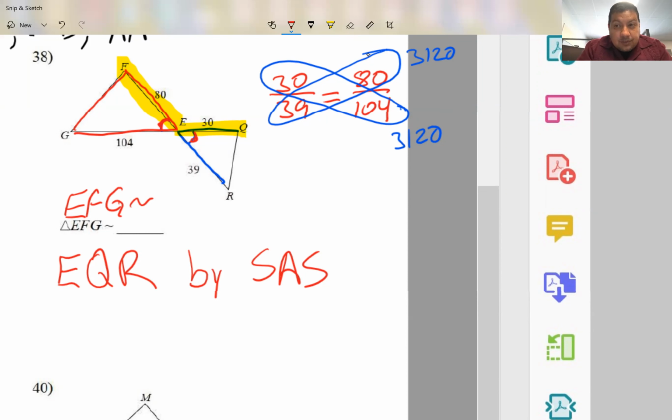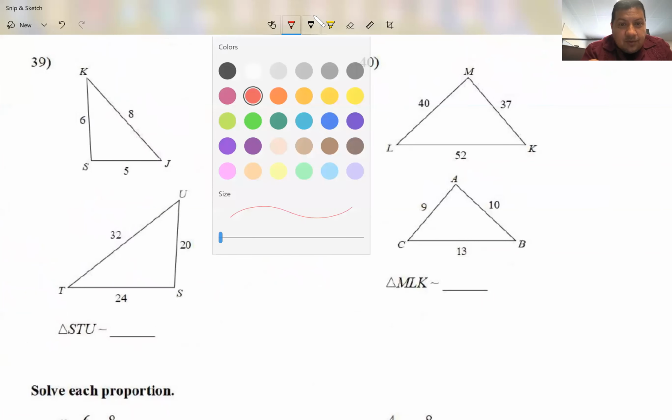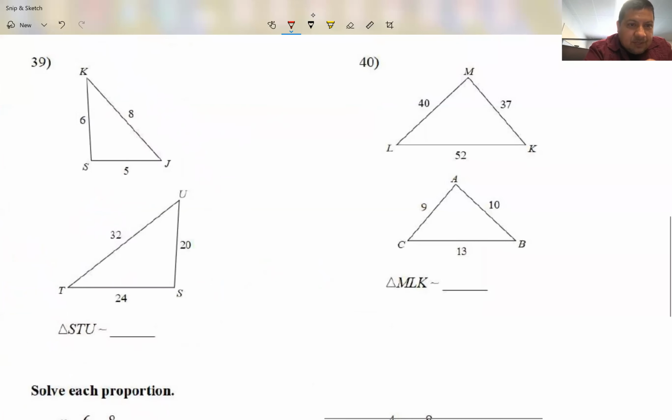Okay, now let's move on to question number 39. Here, I have all three sides of my triangle. Let me try side, right? That's one of the rules. From the triangle on the top, as a matter of fact, let me call this my red triangle. I have three measurements. My measurements are 5, 6, and 8. So I'm going to use three fractions now.